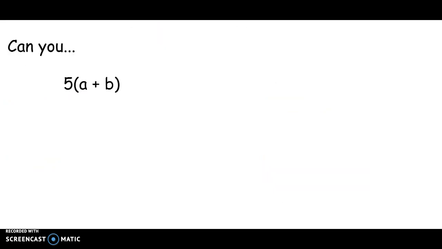Now, looking at the next one, how many terms do you see in 5(a plus b)? Think about order of operations. Order of operations says that first you have to do grouping symbols.